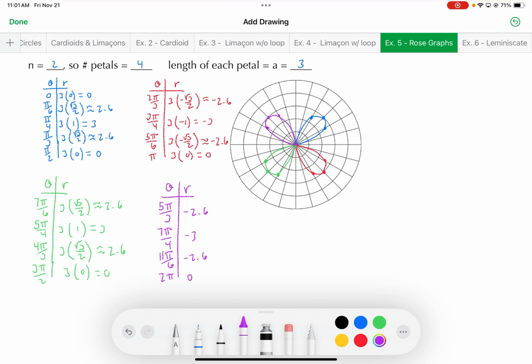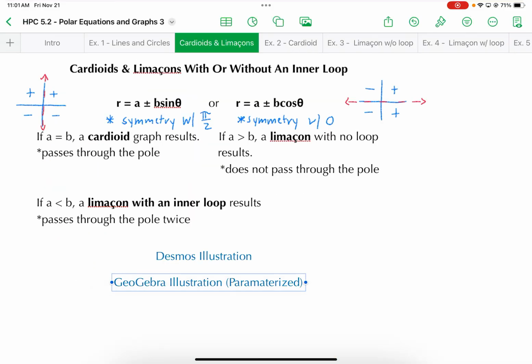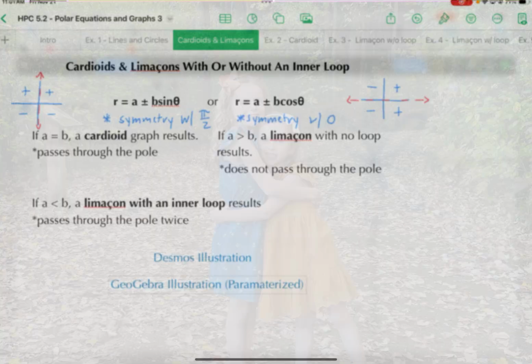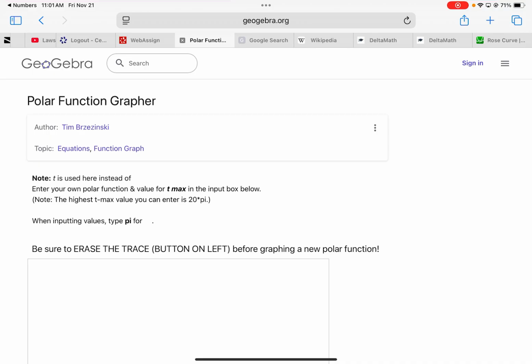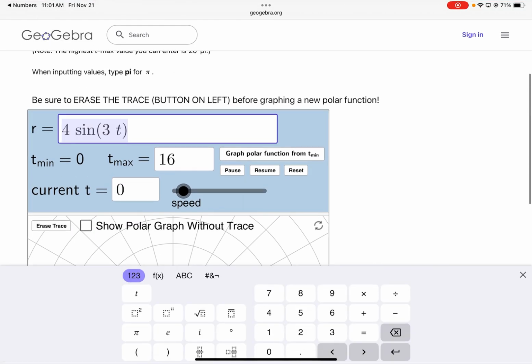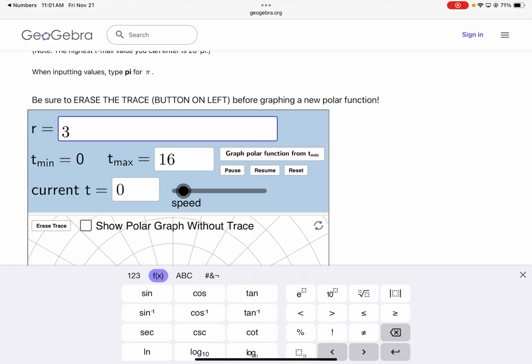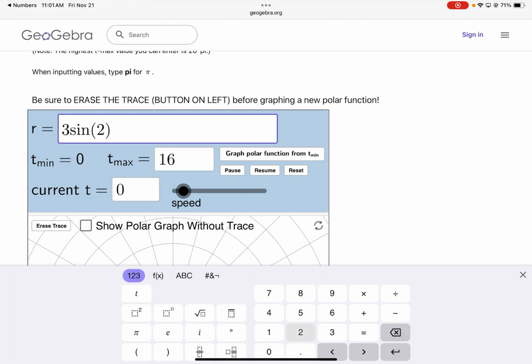Okay, now let's go back to that applet from yesterday, just so you can see it all traced out from start to finish. All right, so it was 3 sine 2t, right?